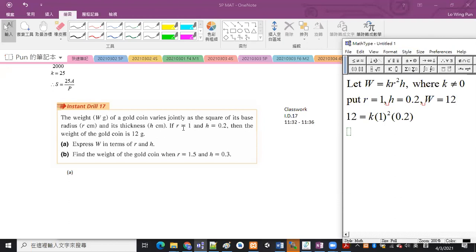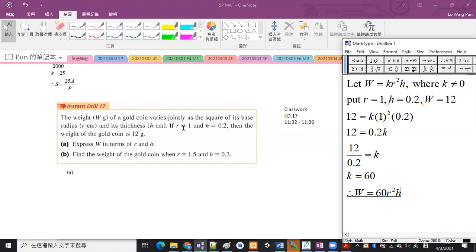Okay, on the right-hand side, just calculate the number parts first. 1 square times 0.2 is just 0.2, and then times K. And then we divide the 0.2 to the left-hand side, and we will calculate that K is equal to 60. Then write down the complete information of the equation. So W is equal to 60 times R squared times H.